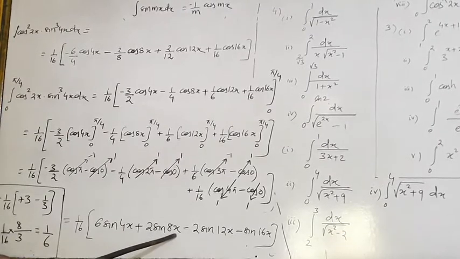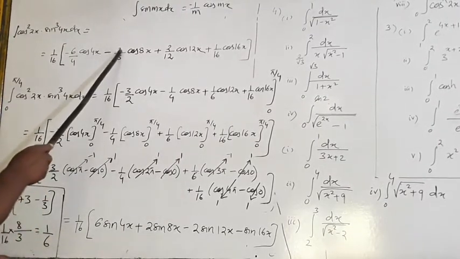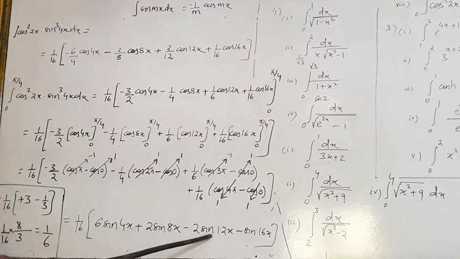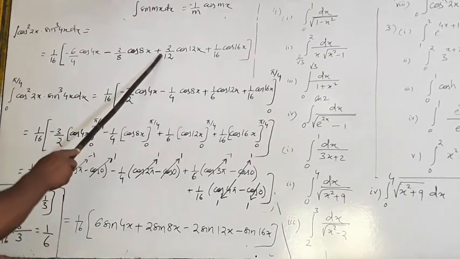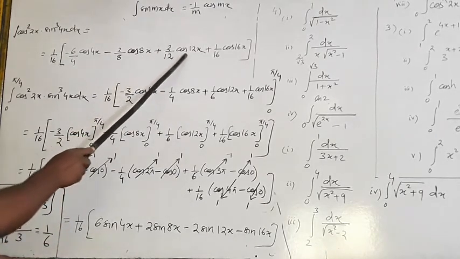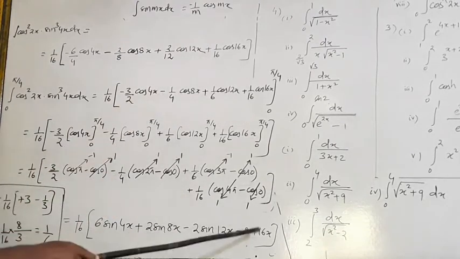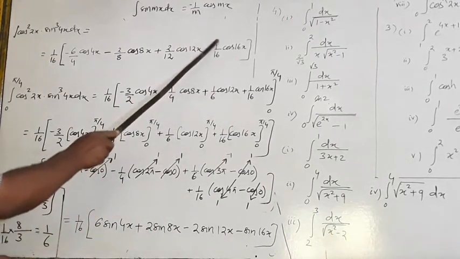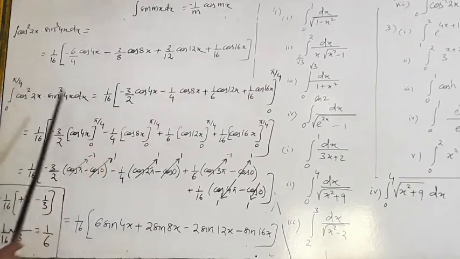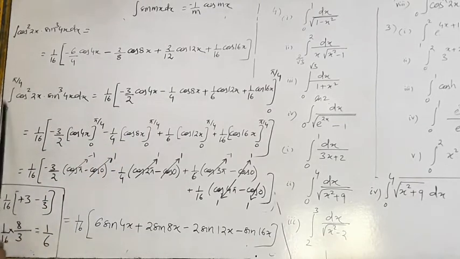Then 2 sin 8x, its integration is minus 2 by 8 cos 8x. Minus 2 sin 12x, its integration, minus times minus is plus, 2 by 12 cos 12x, and the last is plus 1 by 16 cos 16x. Now we have to integrate from 0 to pi by 4.